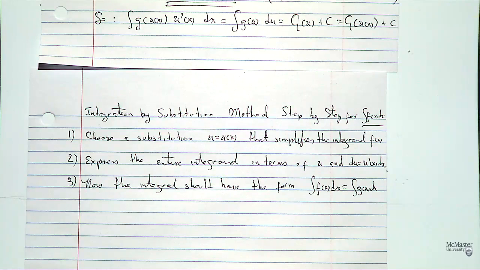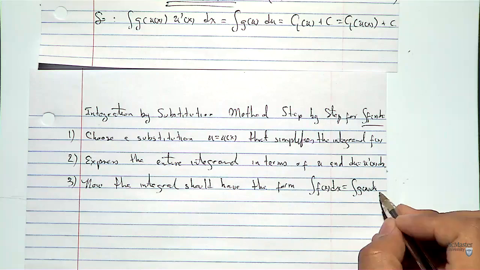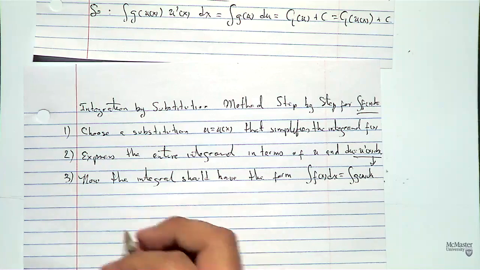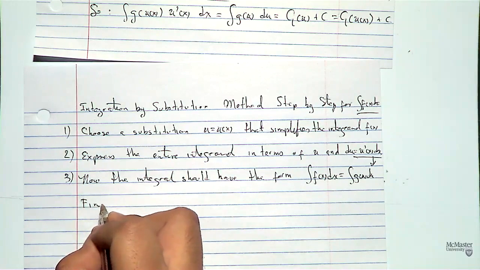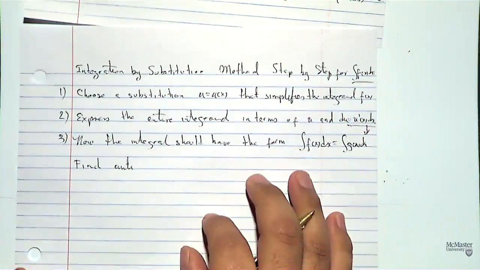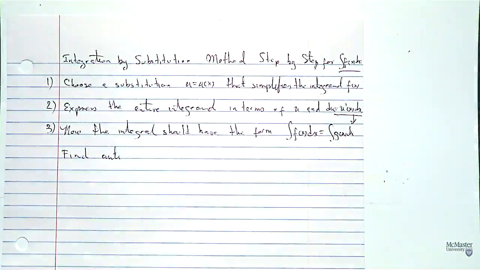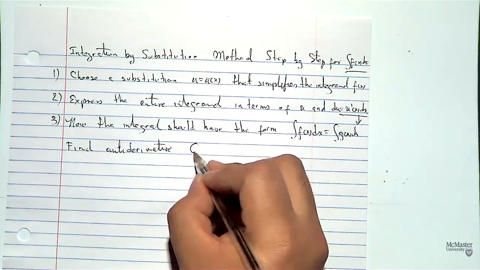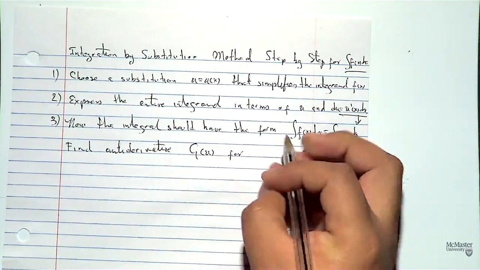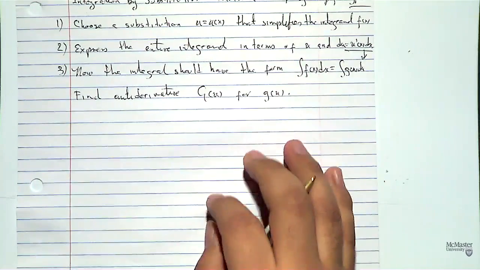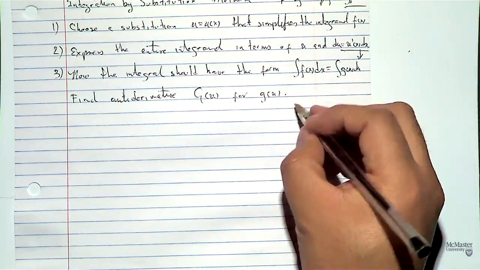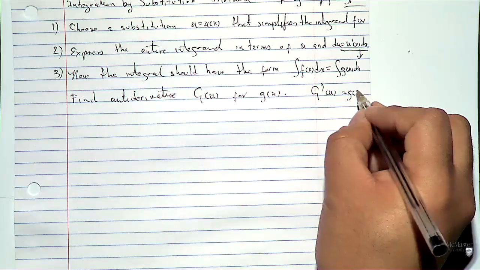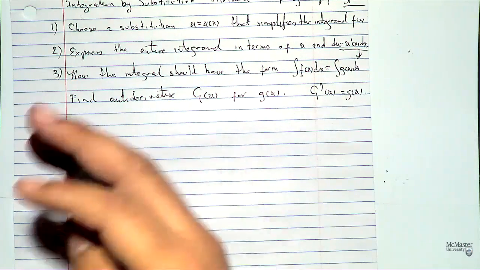And that's why you had the u prime dx. Then find an antiderivative, capital G of u, for g of u. So basically, you plug it in and you recover.